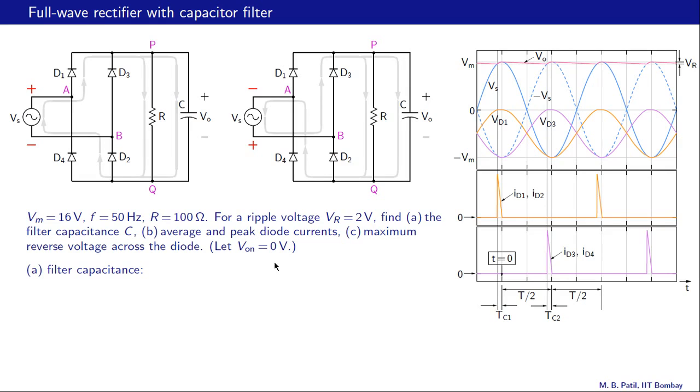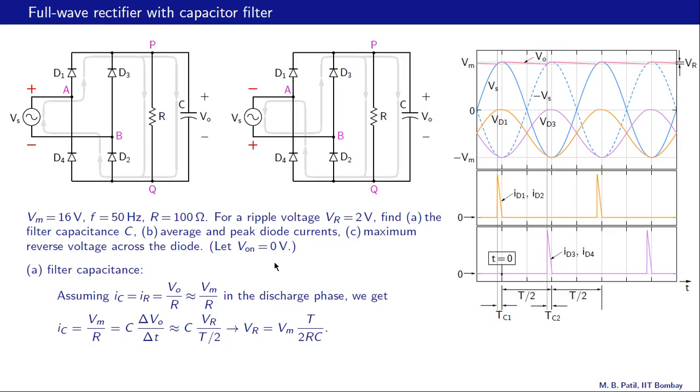Let's look at the filter capacitance first. When the diodes are not conducting, we have R and C, the capacitor discharging through the load resistor, and we are talking about this interval or this interval. In these intervals, the capacitance current is the same as the resistor current in magnitude.